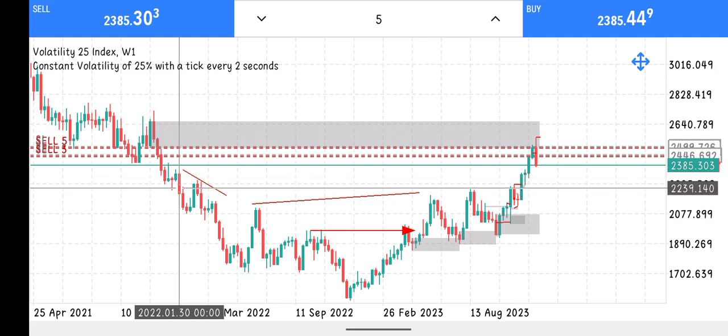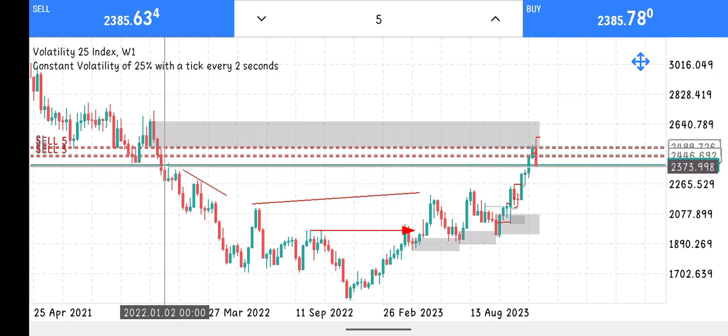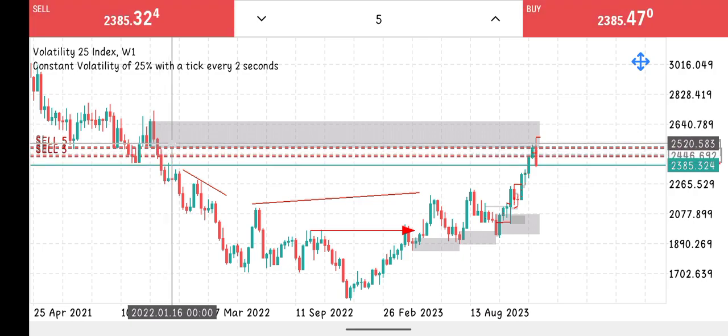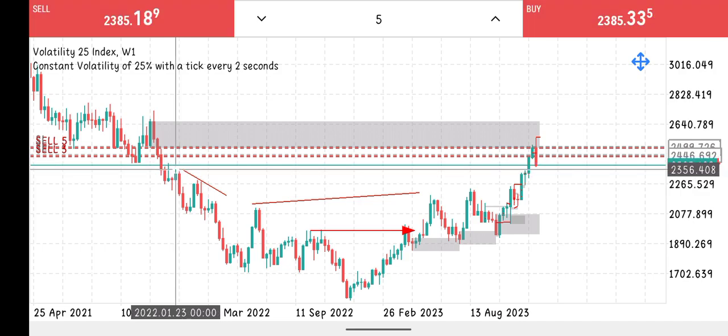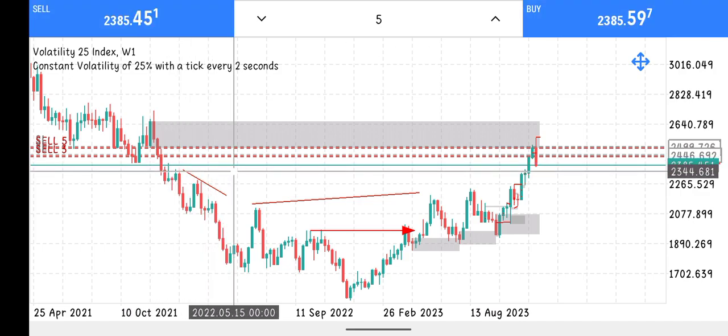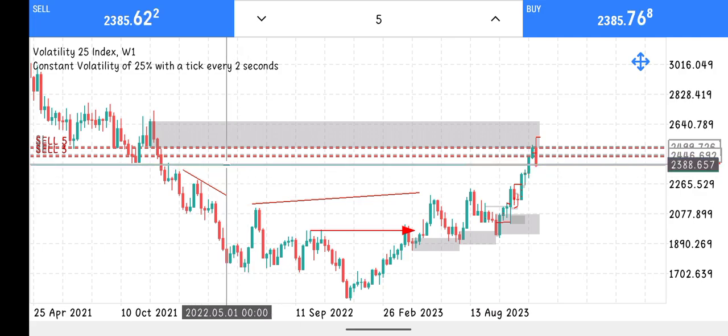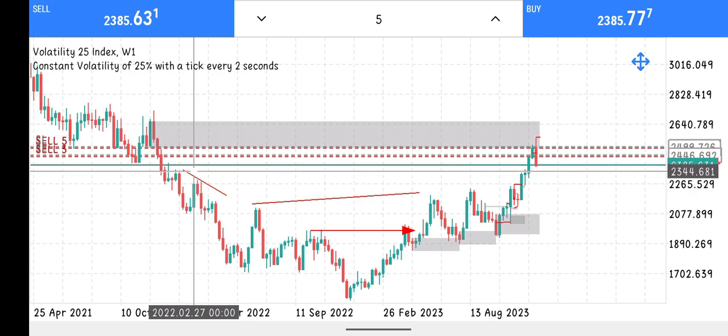After it broke structure, it came down and left a valid supply zone, a supply zone with an imbalance. It kept building liquidity just before our point of interest. That is our supply zone, which is a good thing.